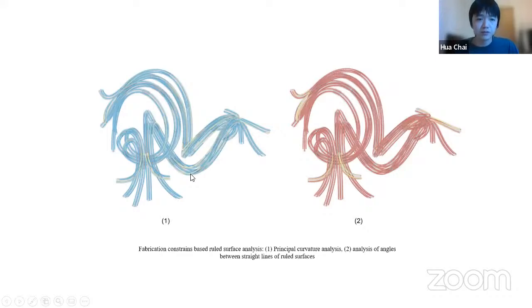And the result of the test could be used as a constraint in the computational design process, and to analyze and optimize the curvature in the installation design.